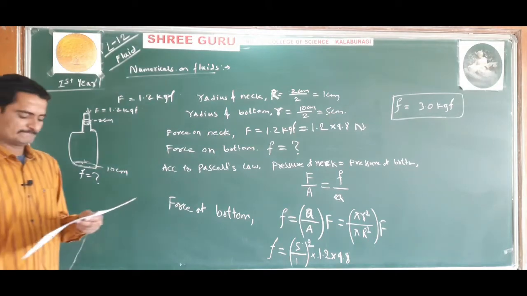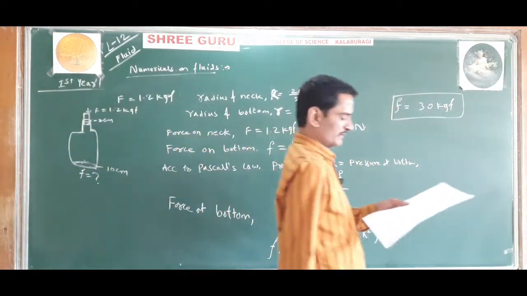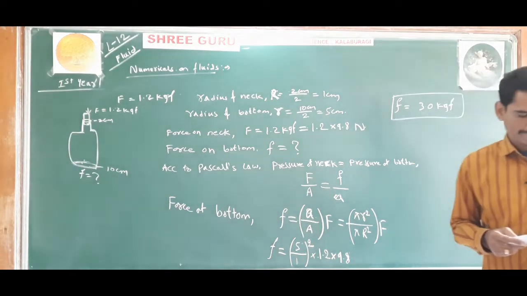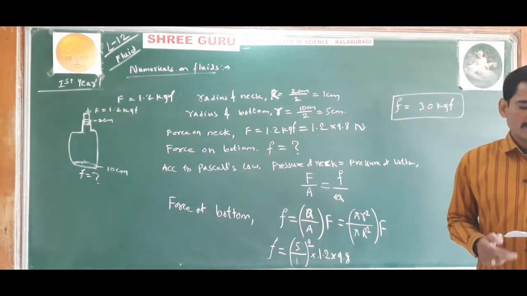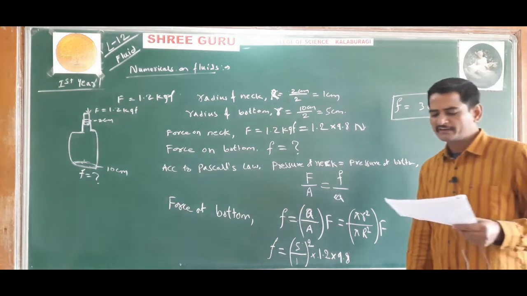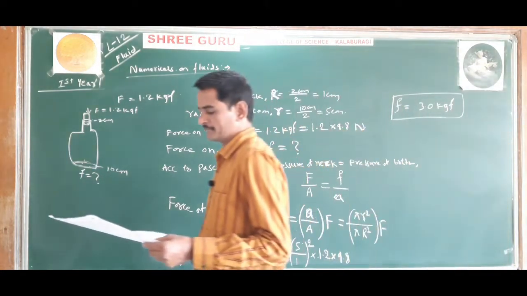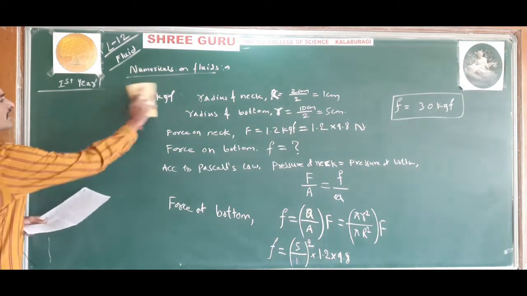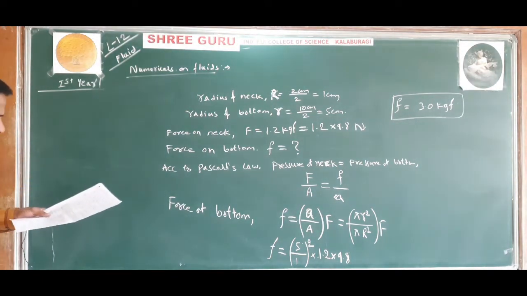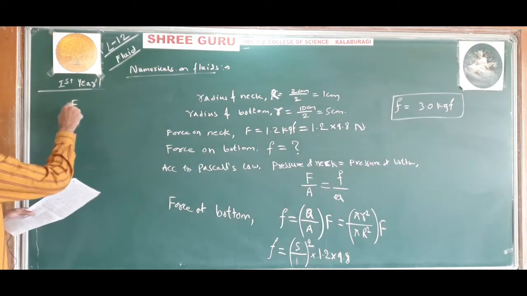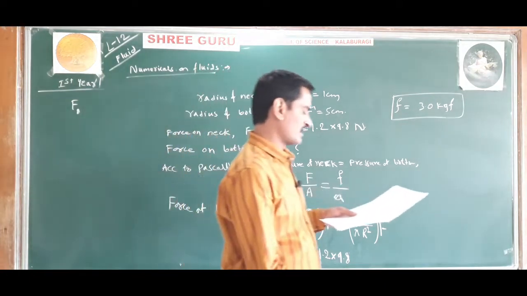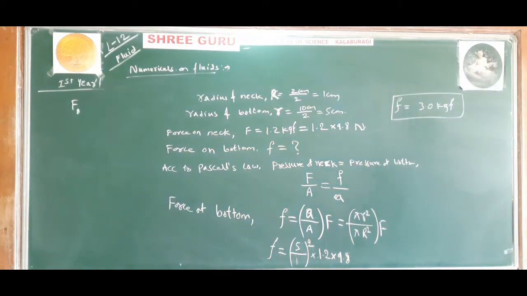This is a homework. In a car lift, compressed air exerts a force capital F1 on a small piston having a radius of 5 centimeter.